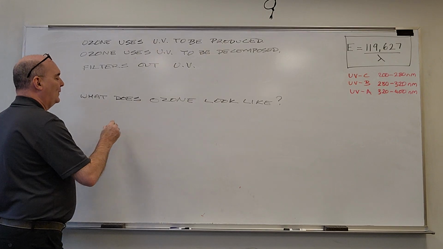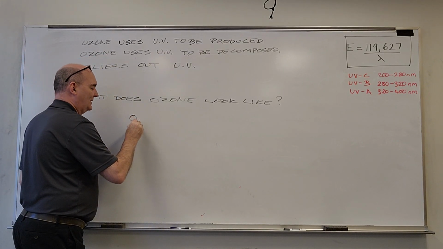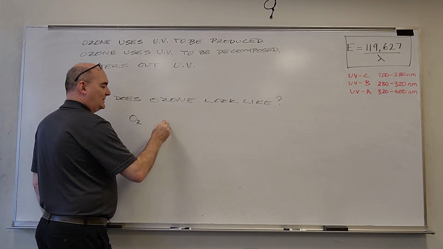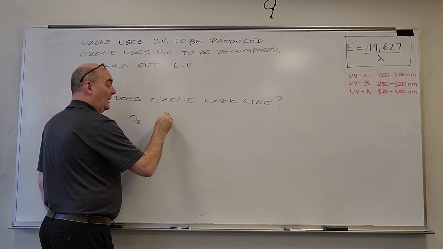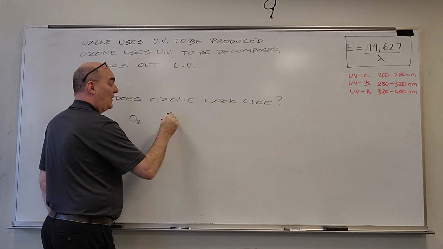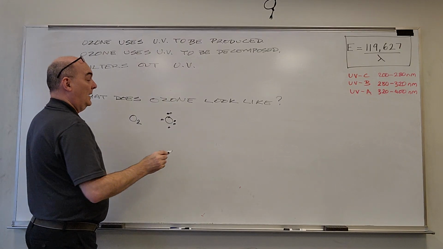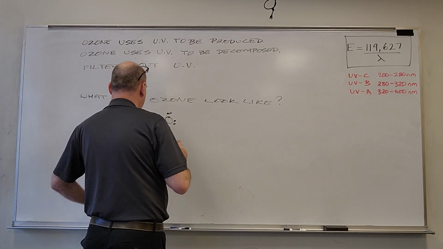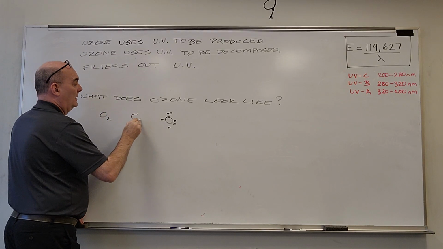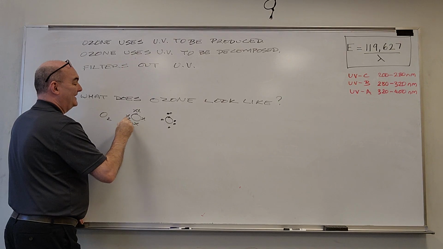What does it look like? Well, we know some things. I'm not going to say easy, because it took a leap of faith in chemistry 1 to get here, but dioxygen, O2: oxygen's in group 6. 1, 2, 3, 4, 5, 6. And then I need another oxygen. 1, 2, 3, 4, 5, 6.